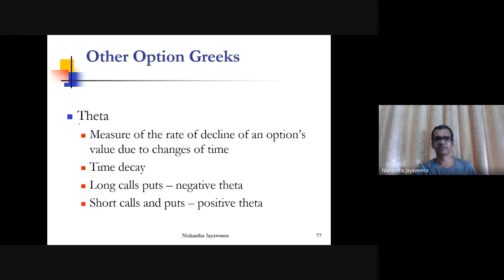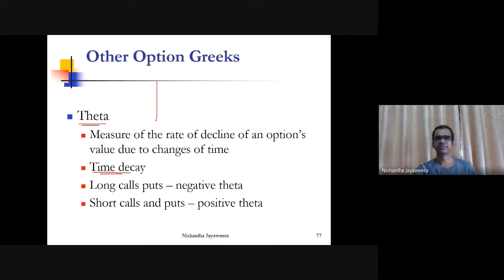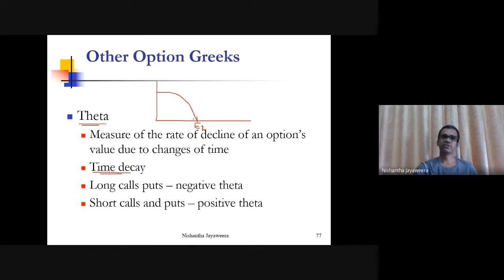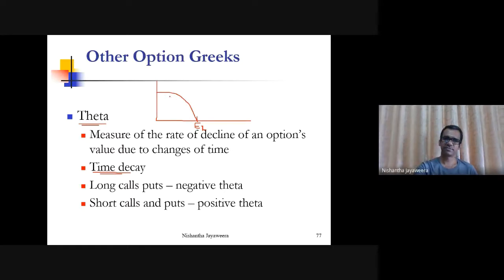So theta is the sensitivity to time. You may remember the time decay. Remember this graph. When it gets closer to the maturity, expiry, the value of the option drastically goes down. With time, the value of the option decays.